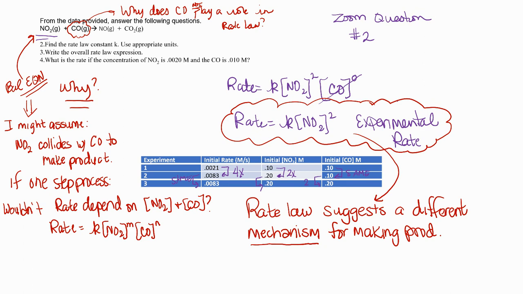So the mechanism is going to be a play-by-play, nitty-gritty, down to the details of really what's going on behind the scenes to make those products. But the number one thing is that the kinetics data reflects that. So in other words, the rate law suggests what's going on in the mechanism.